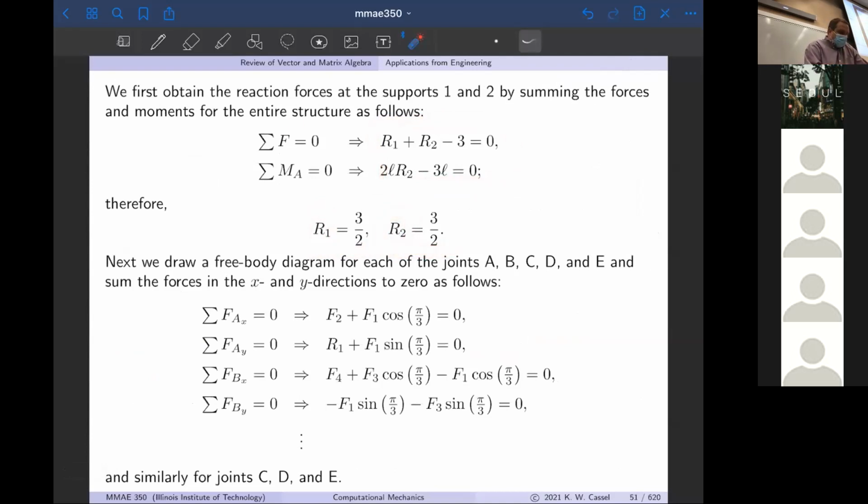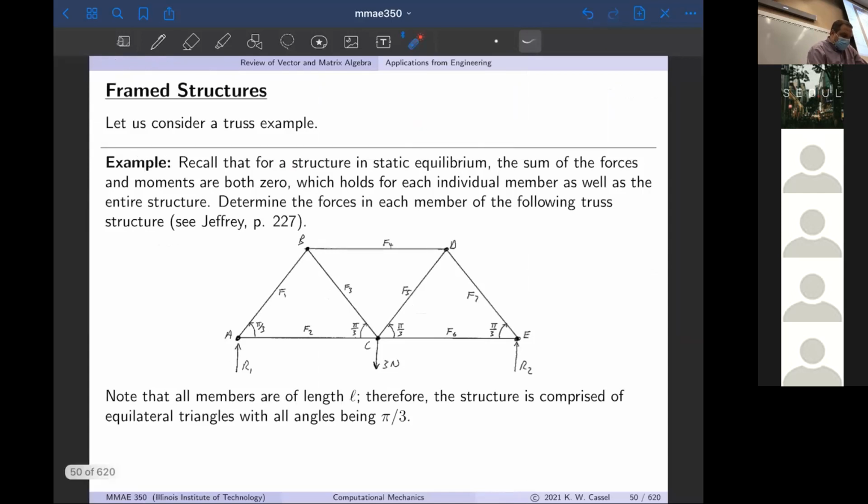Once I apply the forces and moments to the entire structure, I can then apply them to each individual joint. The way we do this is we draw free body diagrams for each of the joints. I'm just going to do 2. I'll do A. So I have R1 up, a force F2, and a force F1, with pi over 3 the angle between them.